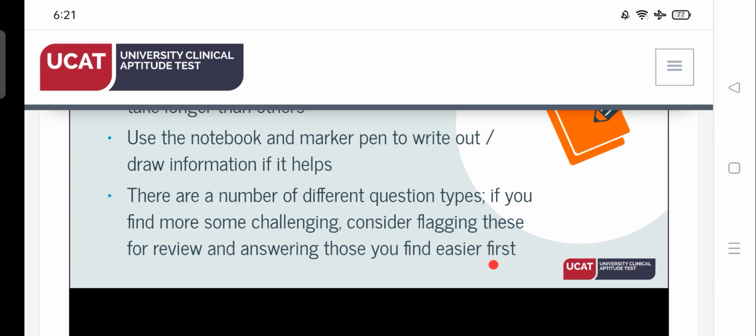If there are some questions that you find very challenging, that are going to take more time than others, you can flag these questions for review and solve the easier ones first. When you have completed the easier ones, you can reach the review screen and then complete the complex or challenging ones. It will save your time and refresh your mind.